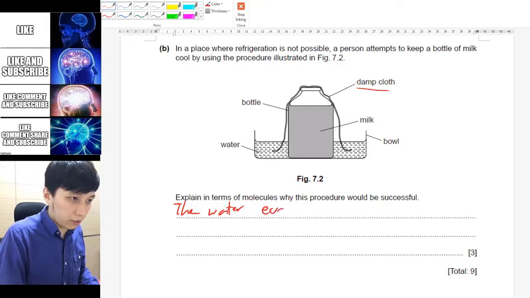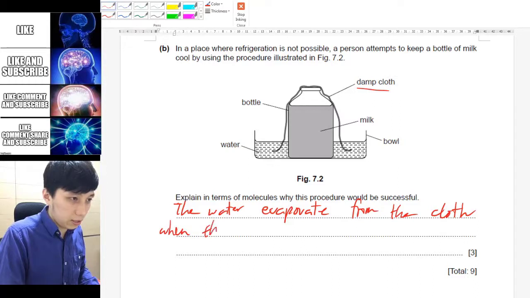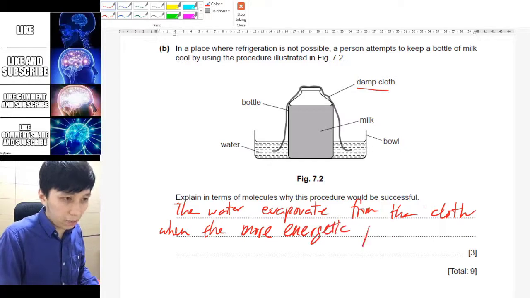So what you can say is the water will of course evaporate from the cloth when the more energetic particles escape. Again you have to use the words that we have learned, more energetic particles.